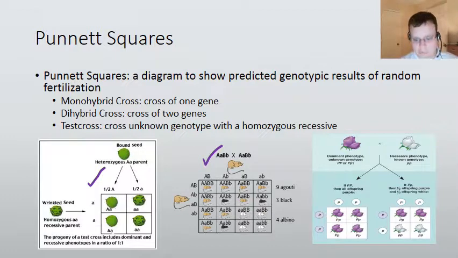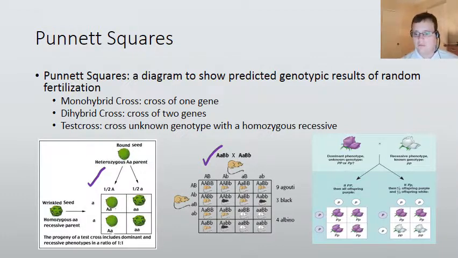In this case, from the looks of it, we are looking at coat color of this mouse, and then maybe size. Here we're just looking at two different genes, and you can tell the number of boxes increased greatly. Over here we have 4. Over here it looks like we have 16.